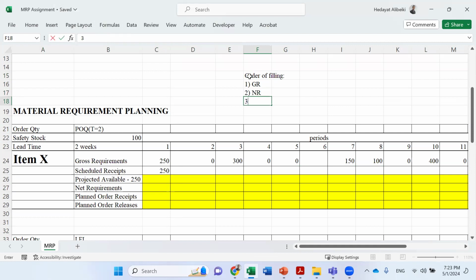Three, planned order receipt and release. Okay, I mean, it's release first and then receipt. Planned order release. And then fifth, on hand, projected on hand.